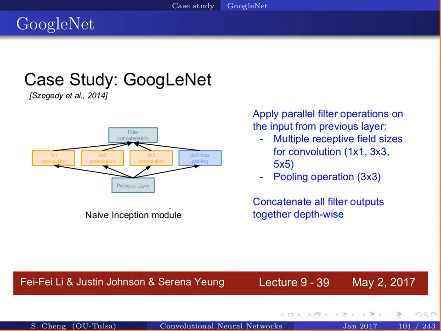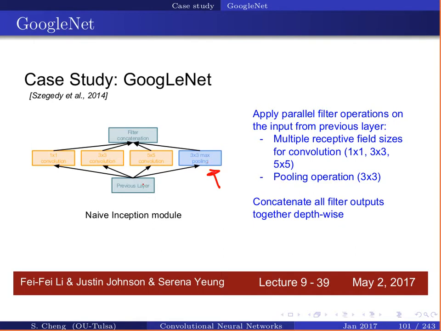The original idea is, instead of trying to pick just one particular size of filter, let's use a combination of filters of different sizes. So I can go for 1x1 convolution layers, 3x3, 5x5, and so on. We can also have a 3x3 max pooling. Note that for the max pooling here the stride is 1, so it doesn't do any downsampling.